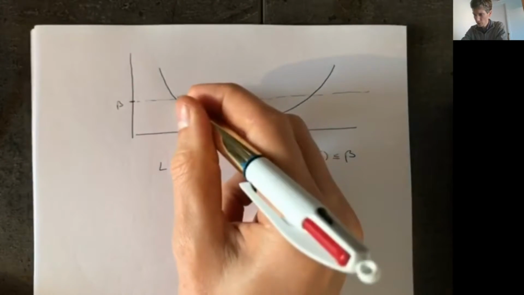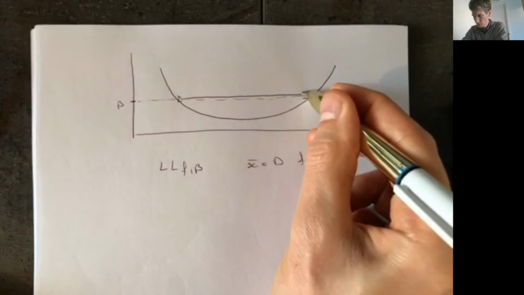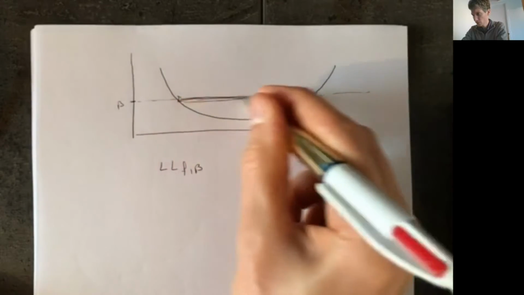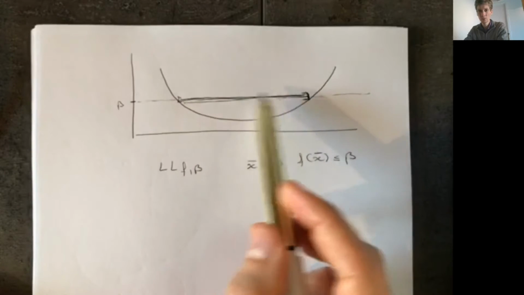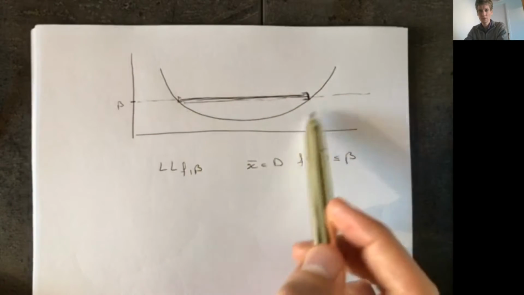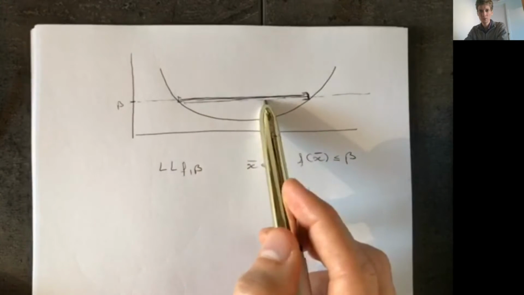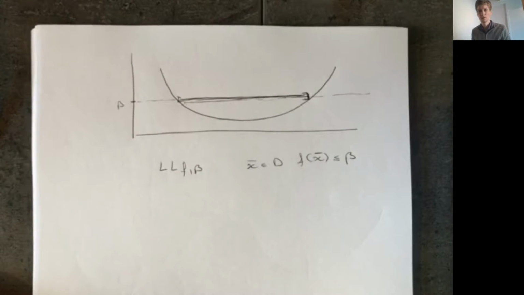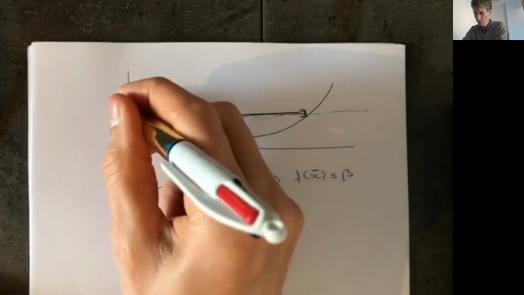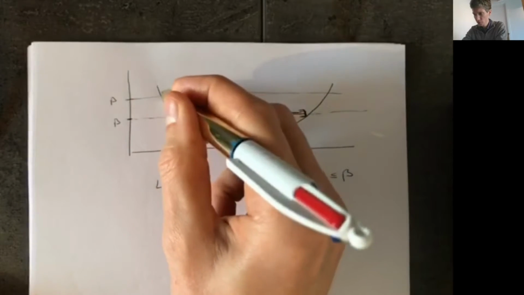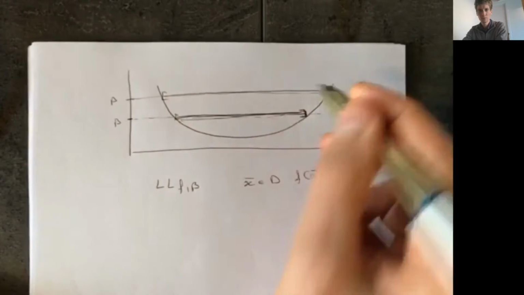Here in this case, these are all the x's that satisfy this. And you can see that this is an interval here, right? So in particular, this is a convex set, right? If I take two x's for which f of x is below beta, then any point on the line segment between the two will also be below beta. And I can do this for every beta, right? And if this function is convex, then this will also always be an interval, right?